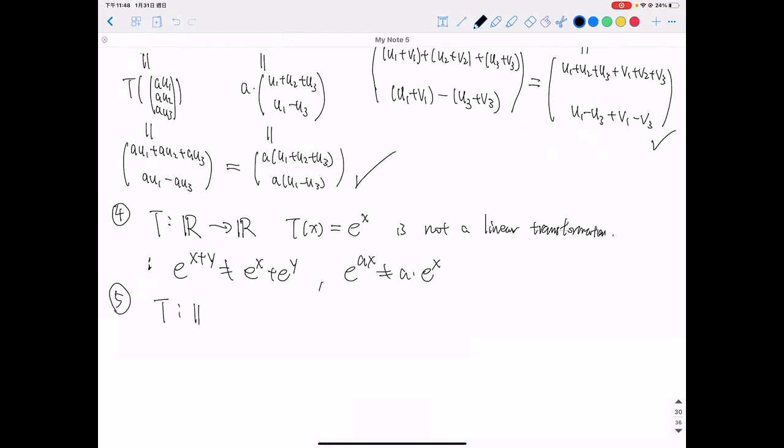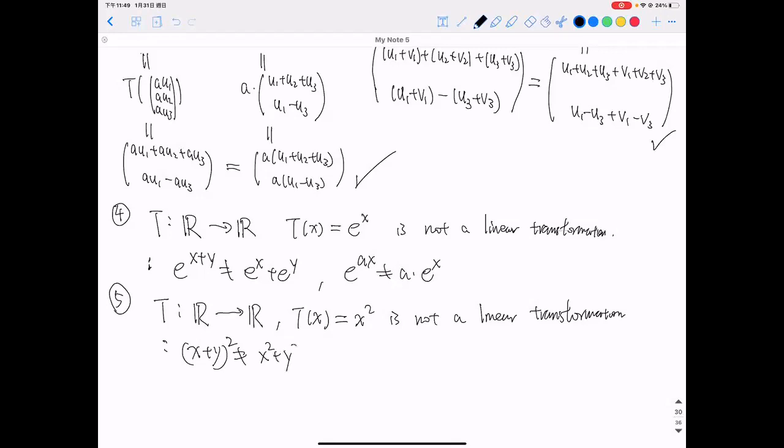Maybe you would hope that things that don't involve special functions are always linear transformations, but even the square function is not a linear transformation, because (x plus y) squared is not x squared plus y squared.